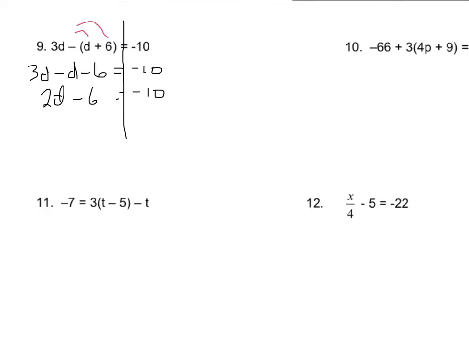Then we are going to solve for d now, so we're going to add 6 to both sides. And we get 2d equals negative 4. Divide by 2. And we get d equals negative 2.